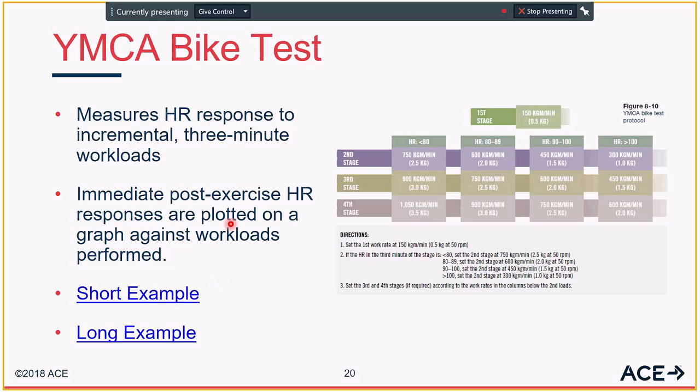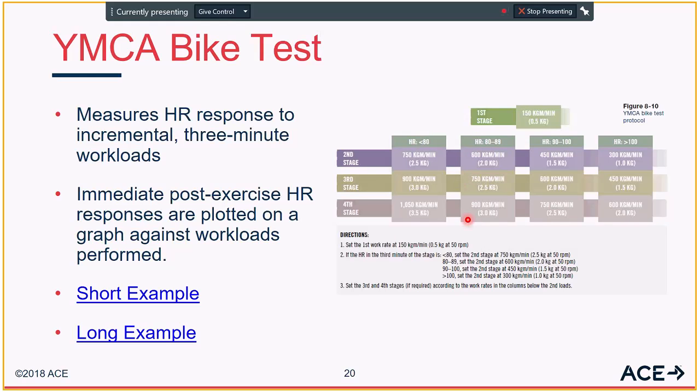But what you do is you're riding on a bike at a heart rate of somewhere between 90 and 100 beats per minute, and you're holding that heart rate for 1 to 3 minutes, and the person facilitating the test will record your heart rate. Then, depending on where you are, you're going to increase the resistance on the bike in these different stages, and there are 4 stages.